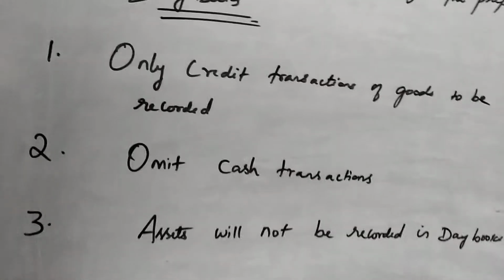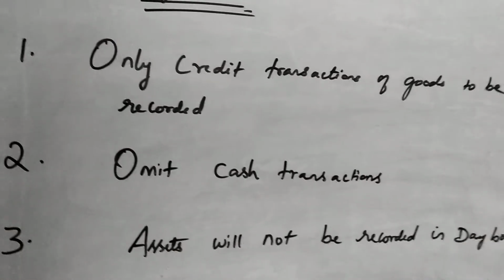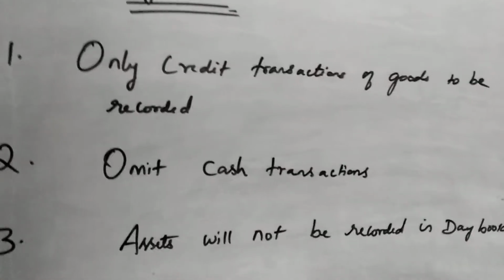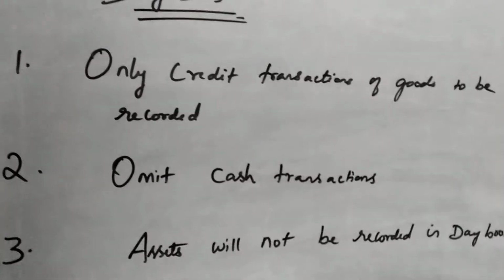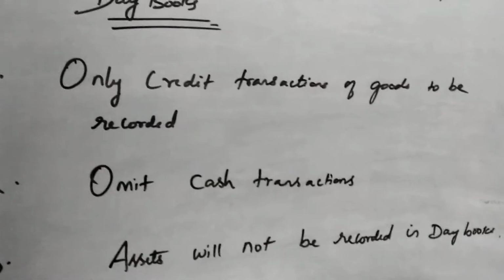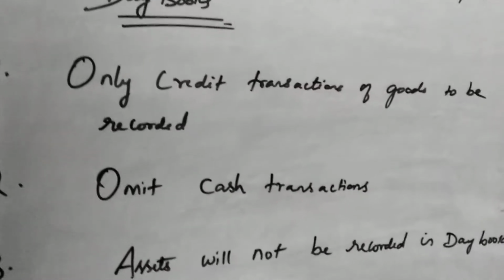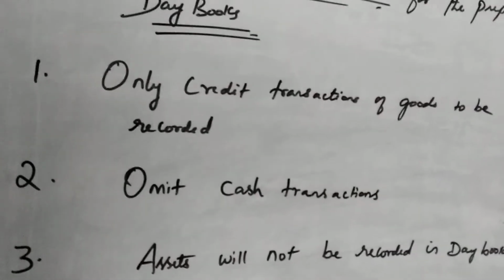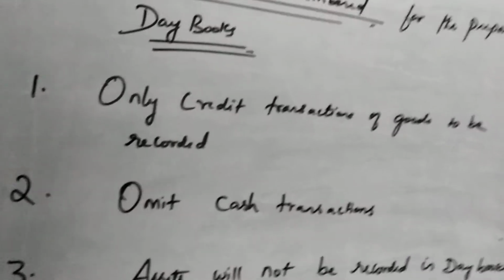Omit cash transactions. In case of any cash transactions, you have to omit that. Cash transactions will be recorded in the cash book, not in day book.